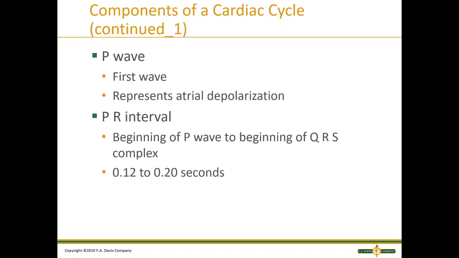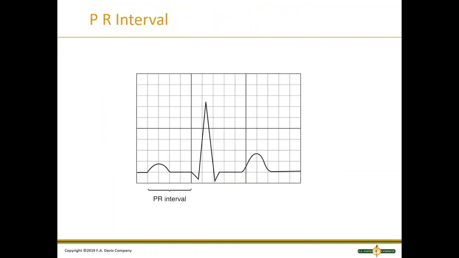If you look at figure 25.1 in your book, you can see where that is illustrated. The PR interval is from the beginning of the P wave to the beginning of the QRS complex. Again, figure 25.1 shows that, and that is shown for you here, the PR interval.